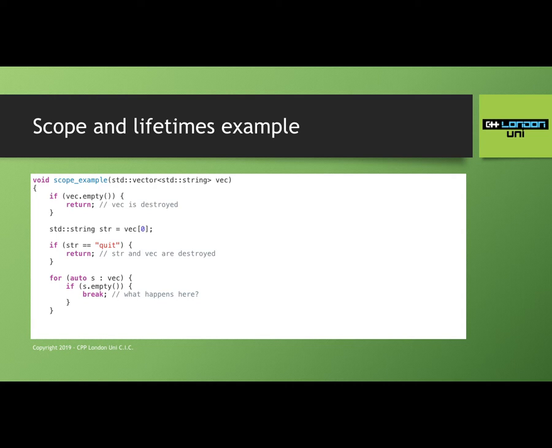So this is a little bit trickier. But what happens here is that every time we run through the loop, the variable s, because it's not a reference, it's a value, is going to be initialized with a copy of the appropriate element from the vector.